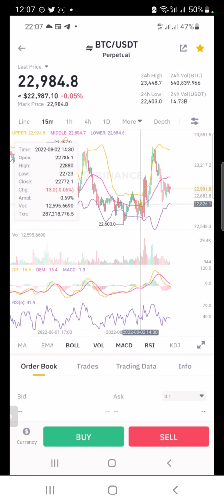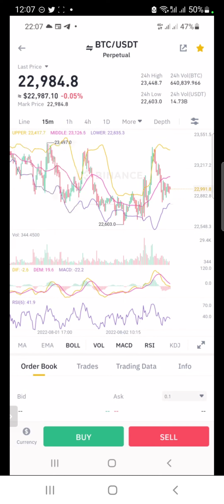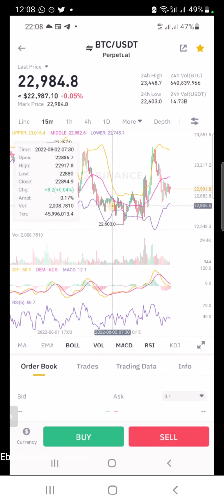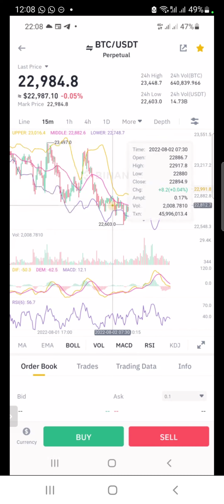Now, to correlate what we learned, do you remember that we said that the lower band of the Bollinger correlates with support areas? I said that the lower band gives you an area of support and the upper band gives you an area of resistance. Now, if I'm taking my profit from here, I would look at taking my profit at 22.8 because there's a temporary resistance here.